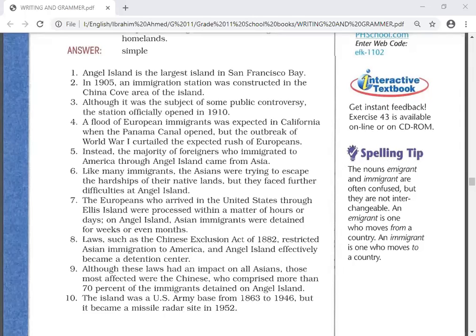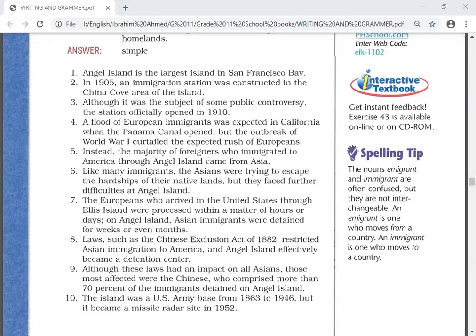So we have two independent clauses, and we have a comma and the word "and," which means it is compound. Yes, perfect. Thank you. It's compound because we have two independent clauses and one conjunction, "and."